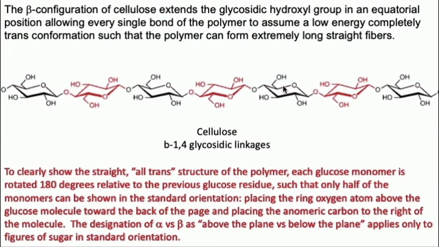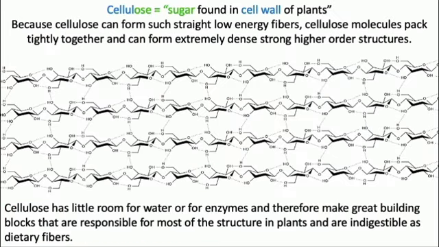But why is it then that a straight polymer of glucose can't be digested, whereas a curved one can? These straight polymers of glucose can pack tightly together because they're so straight. It's really easy to pack things together if they're straight. If they're bent or curved, you cannot uniformly pack them together this way, and therefore cellulose packs extremely tightly and extremely densely, and it's one of the most important structural components in nature.